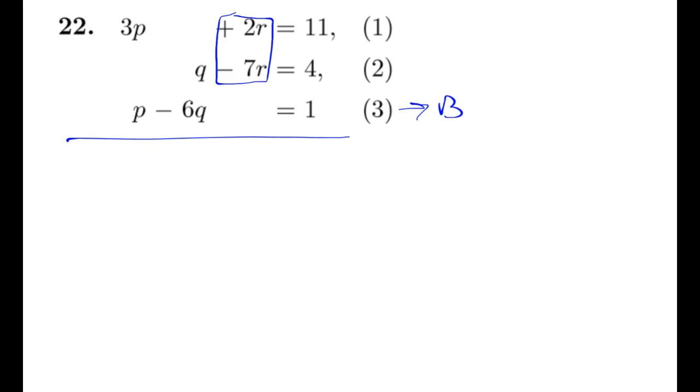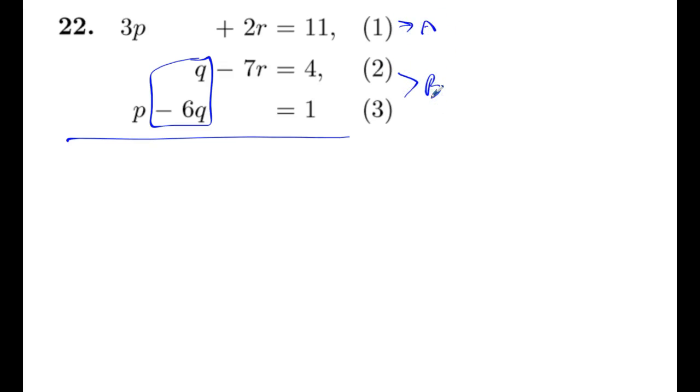So I'm wondering if I can be a little bit smarter about this. Instead of eliminating the r's, what would happen if I tried to eliminate the q's? The q's look pretty easy to eliminate, because then I could use this for a, and then I could use lines 2 and 3 for equation b by eliminating the q's by multiplying row 2 by 6. So that was easier than eliminating the r's.